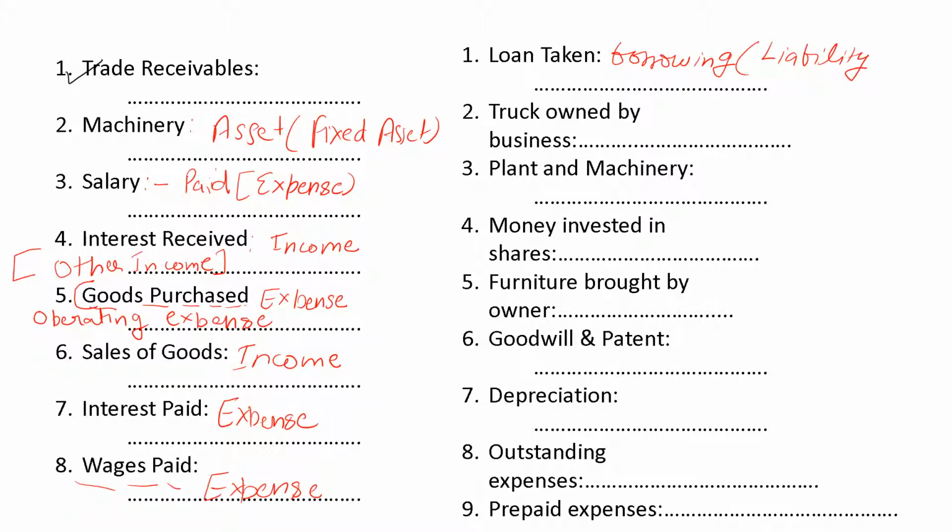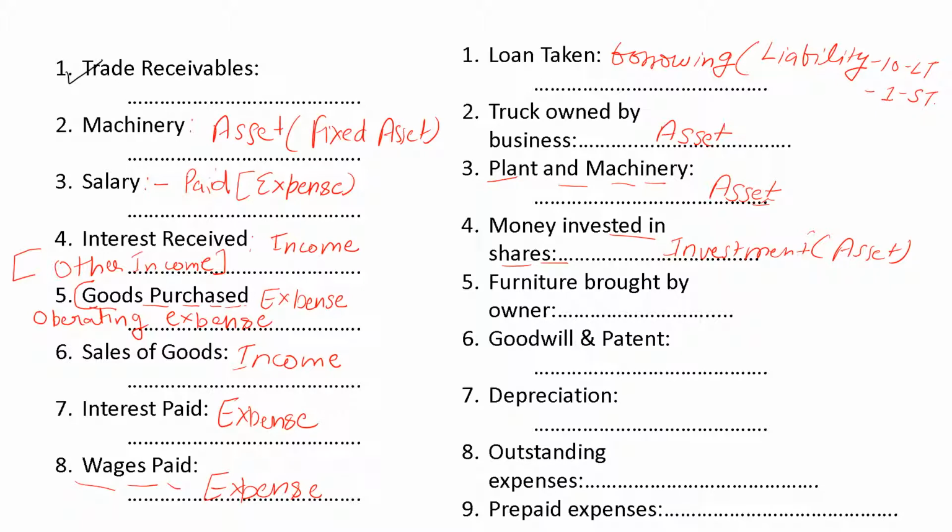If the loan is taken for 10 years, this is long term, and if the loan is taken for 1 year, this is a short term liability. A truck owned by a business is an asset to the business because it will give benefit to the business. Plant and machinery is also an asset because it will give some benefit to the business in terms of production of goods. Money invested in the shares is an investment, and an investment can be termed as an asset.